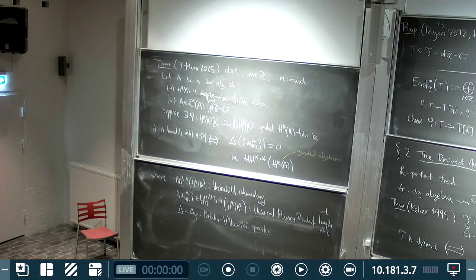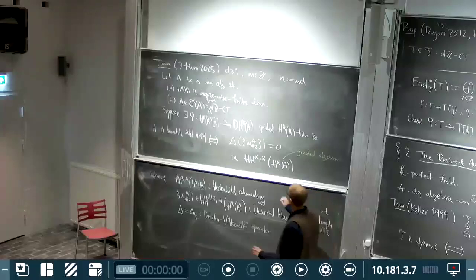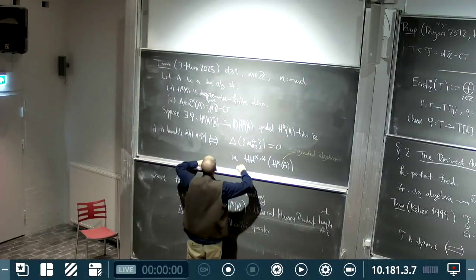So as you can see, the existence of a d-cluster tilting object is very strong. Before I continue, let me make another remark. So I erased the definition of a cluster tilting module, but maybe I write this as a remark here.